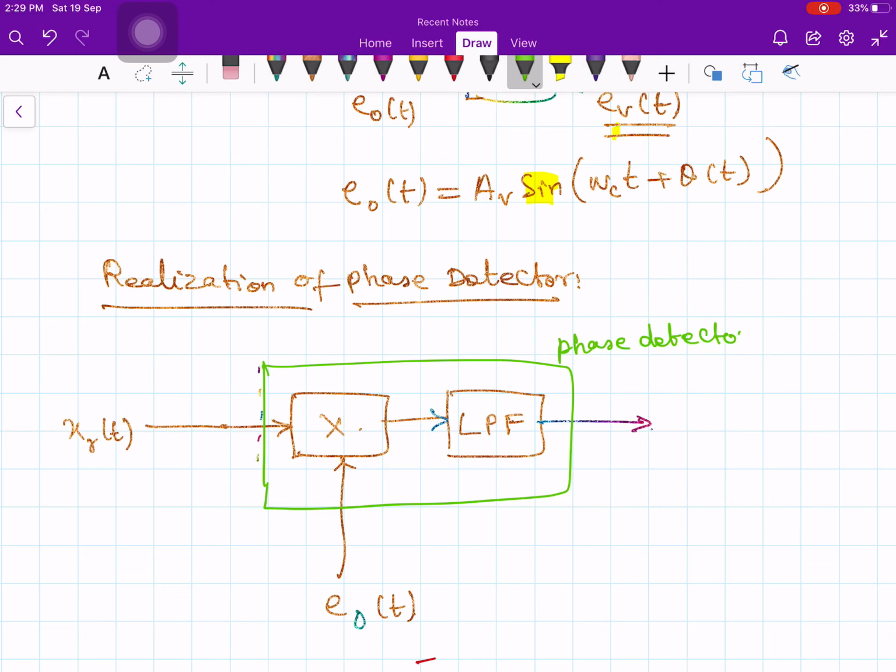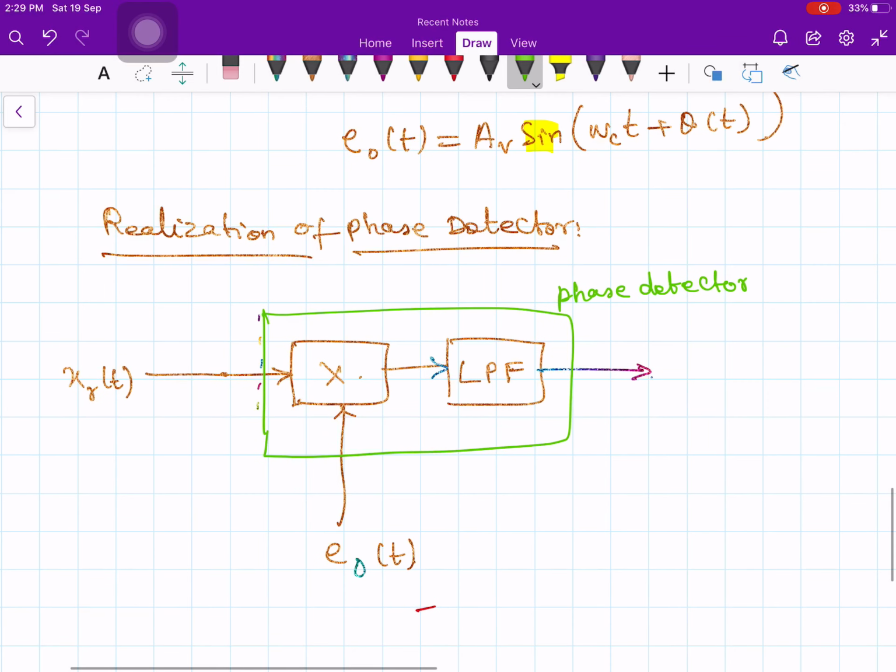Now let us see how it detects the phase. So this input is your x r of t, and here the input is e suffix o of t. Let me call this point capital A. At point A, it will contain the sum frequency component as well as the difference frequency component.